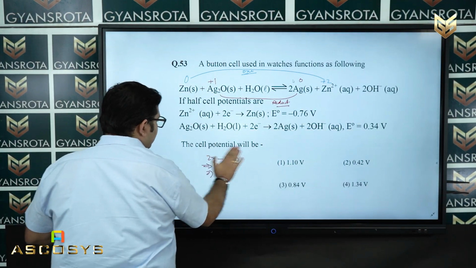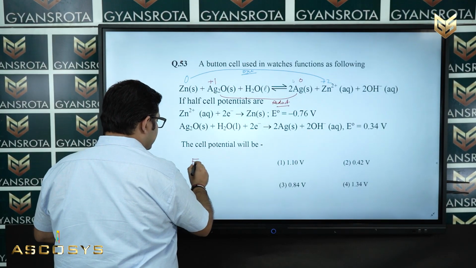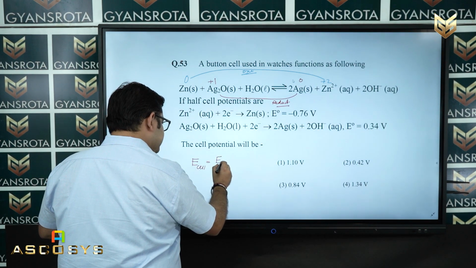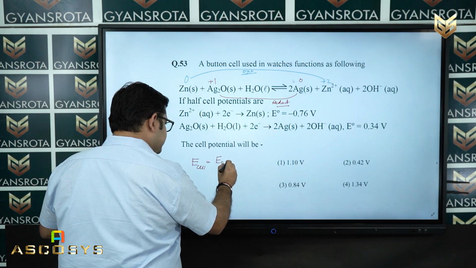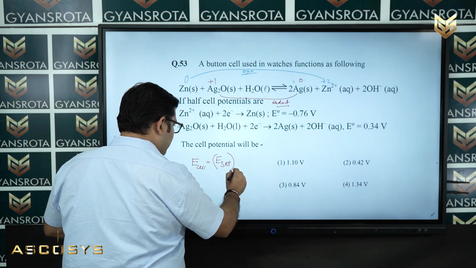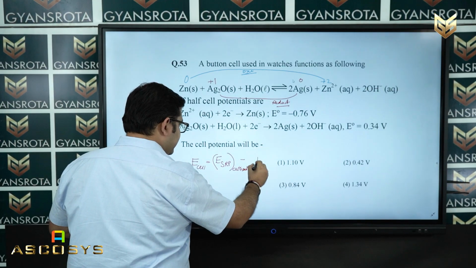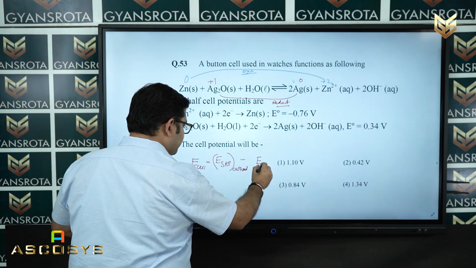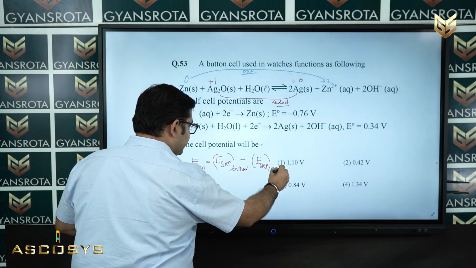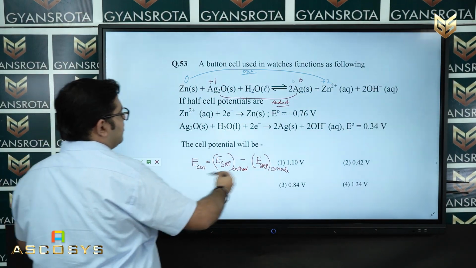Now, which formula are we going to use here? We know E cell is equal to E standard reduction potential (SRP) of the cathode minus E standard reduction potential of the anode. Now, if you see in this reaction, they are giving the E values.